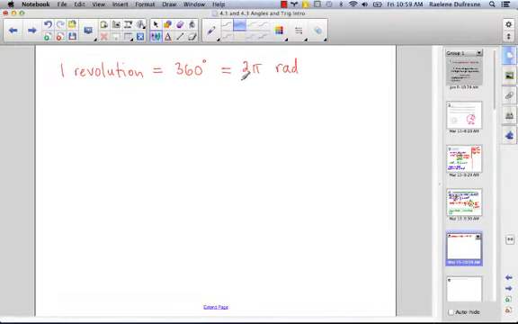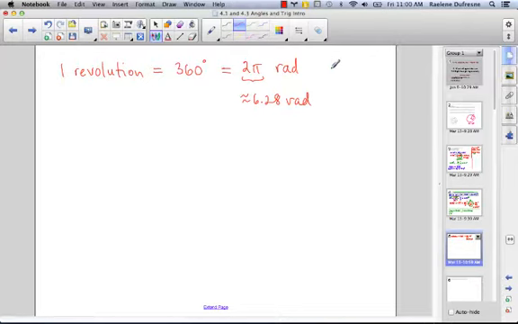And 2 pi is approximately 6.28 number of radians. So what we're saying is that 1 revolution is equal to 360 degrees, which is equal to 2 pi, approximately 6.28 radians, which is another way of measuring an angle that we will get more comfortable with as the unit progresses.